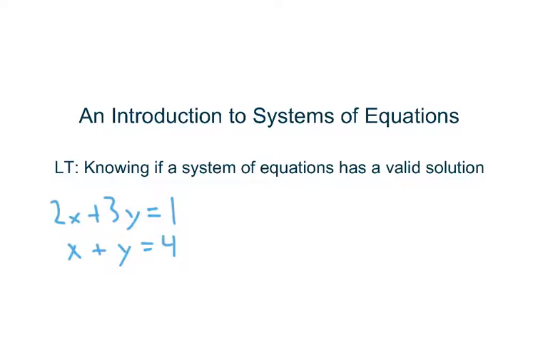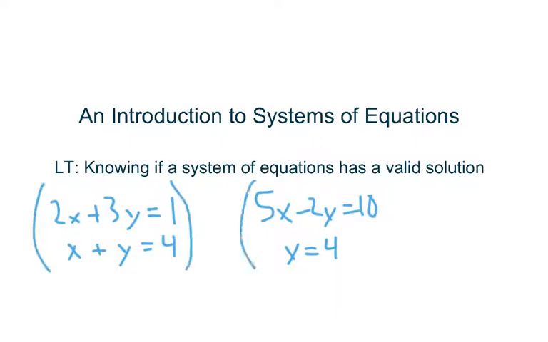Maybe you have something as simple as 5x minus 2y equals 10, and then y equals 4. Again, you have multiple equations together. This is considered a system. This is another system. And what we're curious about are x and y's, a point that would work for the systems, whether or not it would make them true.